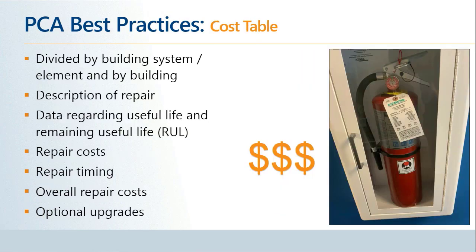And as Ken indicated, one of the most important elements in the PCA is the cost table. Again, it follows the report itself that is divided by building system, element, and it will give you a description of the items that are being repaired. It identifies immediate and future repair needs, typically over a 10-year period. It includes a brief description of the repair or maintenance item. It includes data regarding the useful life and remaining life of the asset.